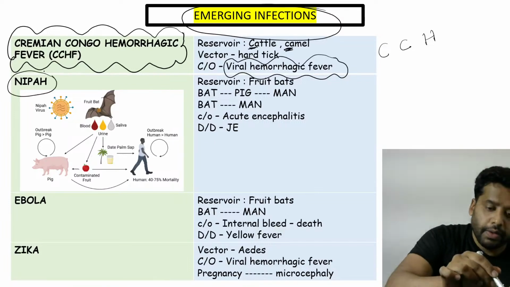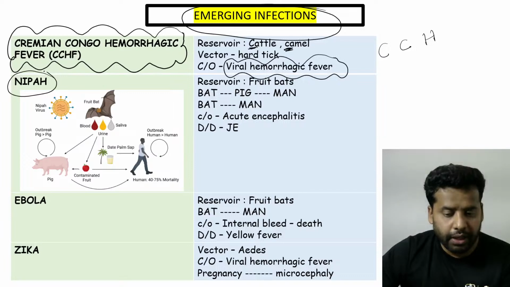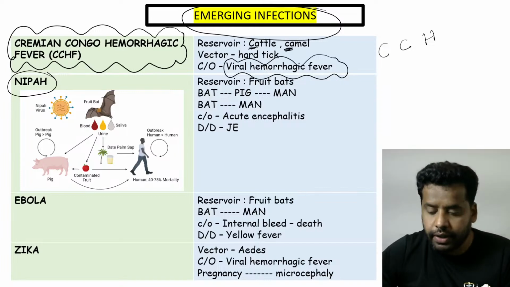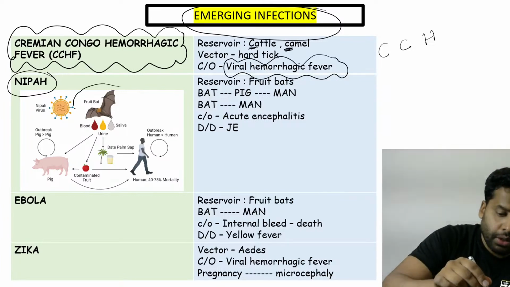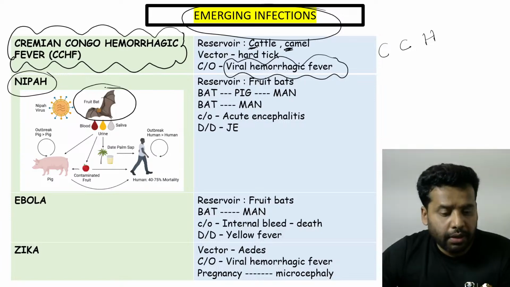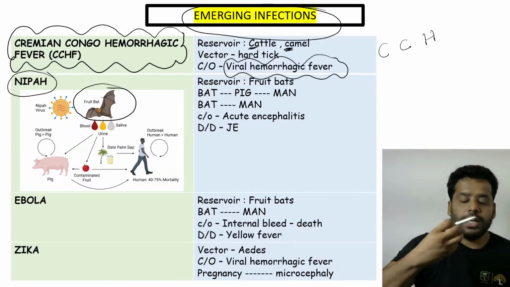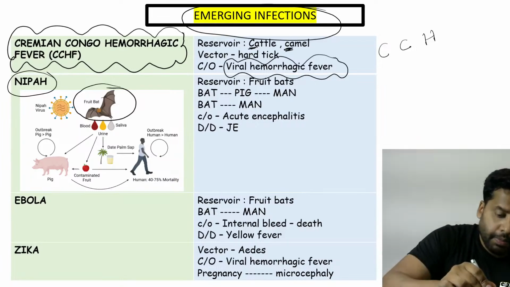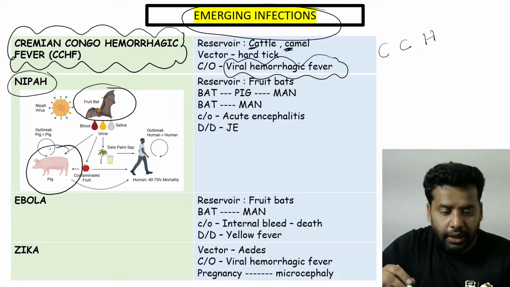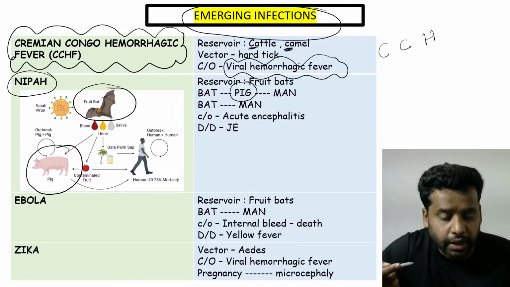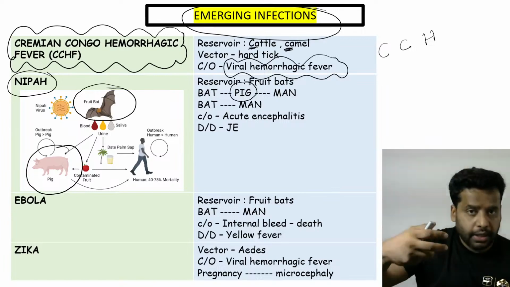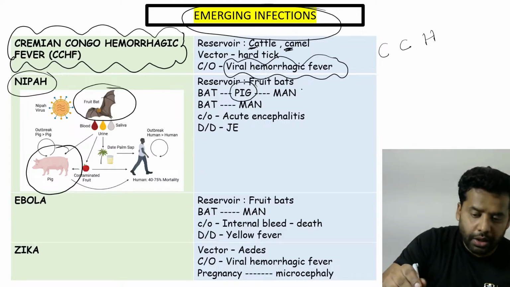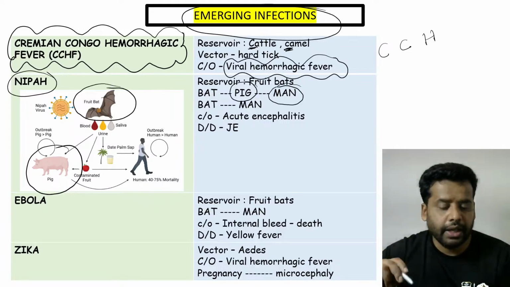Nipah infection is very, very important nowadays. You'll know this. We are having cases in Kerala and West Bengal also. In Nipah infection, the reservoir is fruit bats. The bats consume the fruits and drop them. The pigs start consuming them. Then workers who are working with pig farmers get affected.